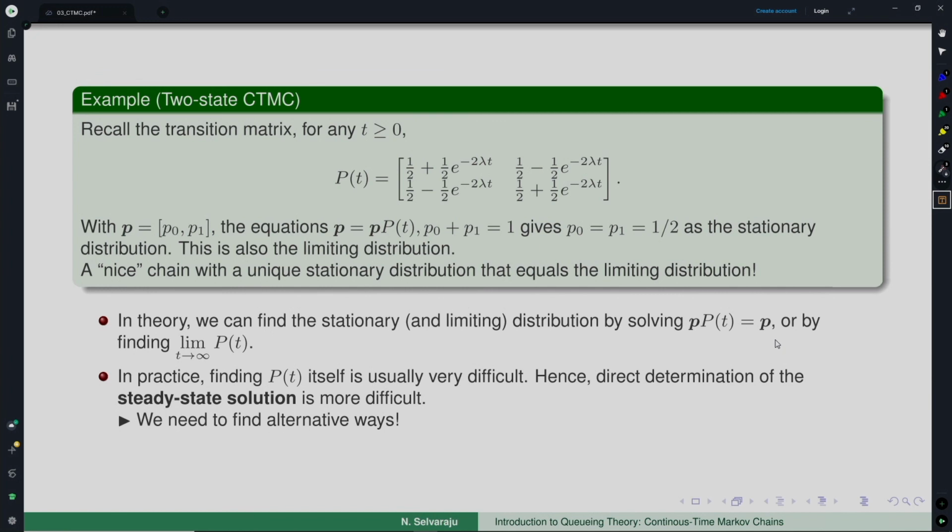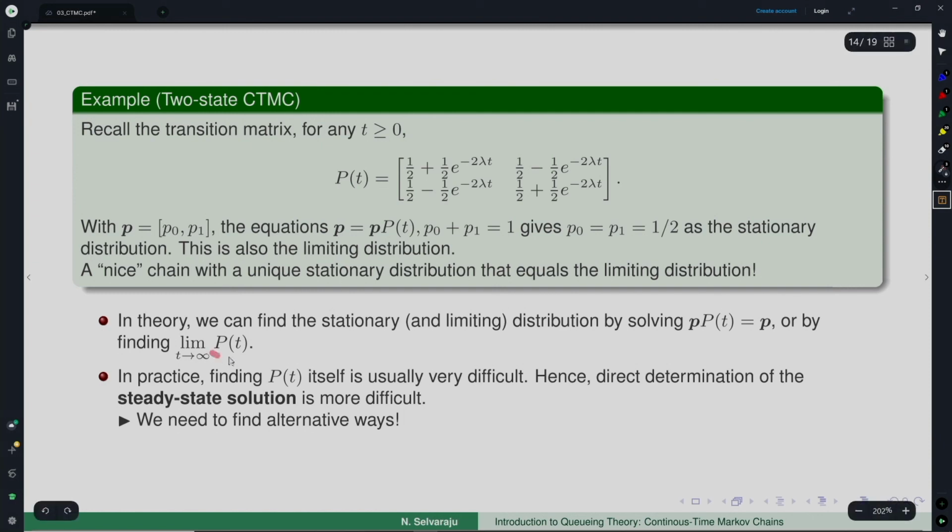So, we need to find an alternative way, because obtaining this itself is a very difficult job. Once you obtain this, then by taking its limit or by solving this you can obtain the solution, which is what ideally you look for, which will give us the interpretation of where you will find the system, the process or the Markov chain a long time from now, or what is the long term proportion of the Markov chain in this case.